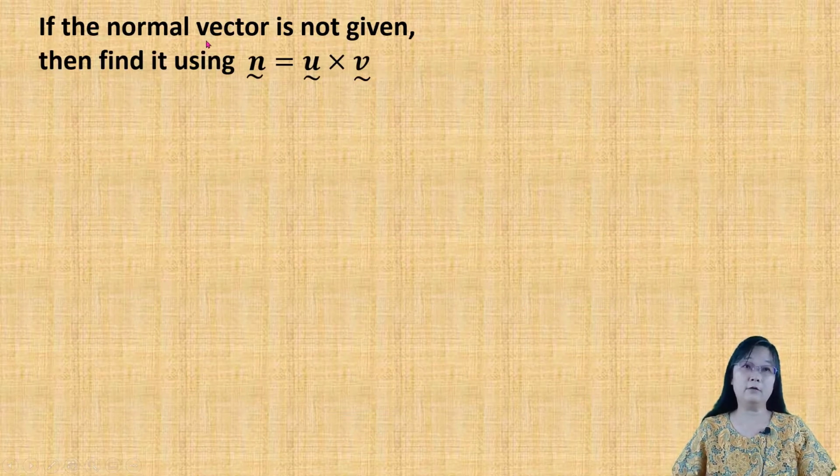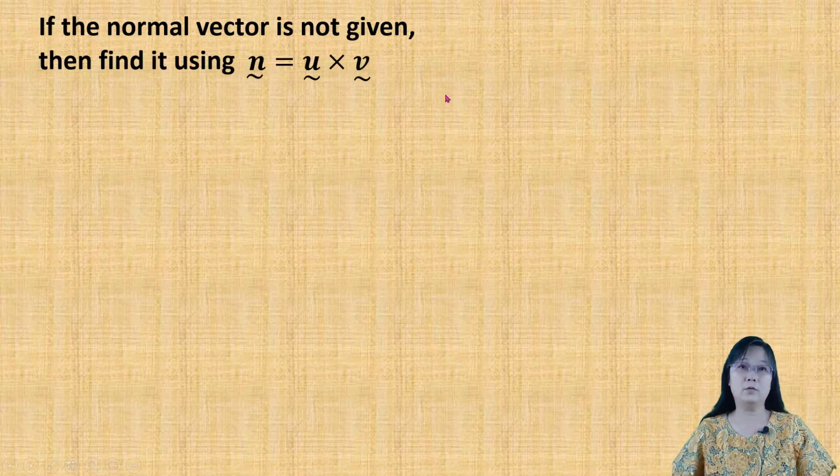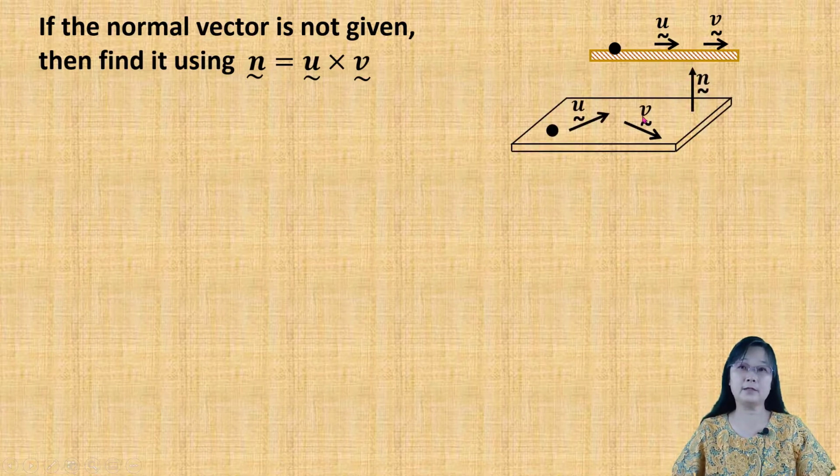However, if the normal vector is not given, we can calculate it by using u times v, where u and v are two direction vectors that are parallel to the plane, but direction vector u and direction vector v are not parallel to each other.